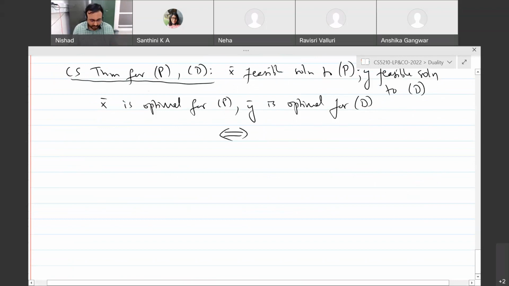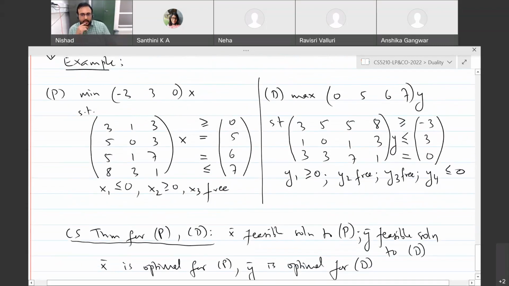So what are the complementary slackness conditions for these two vectors, x bar and y bar? Can someone tell me how many complementary slackness conditions we have? Like how many individual conditions do we have? We have 4 constraints here, and we have 3 constraints over here.